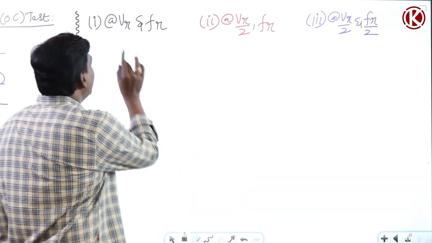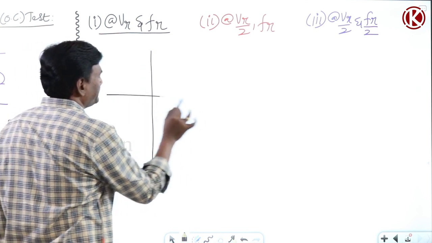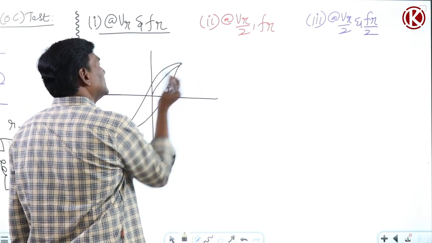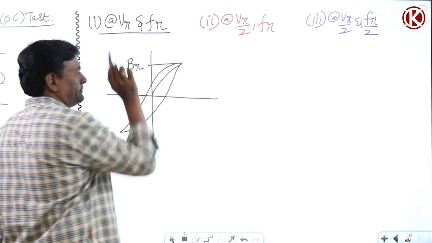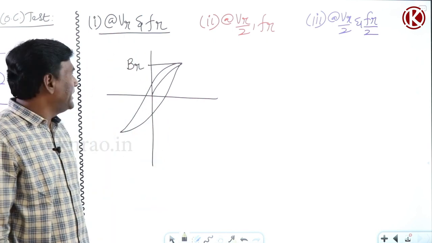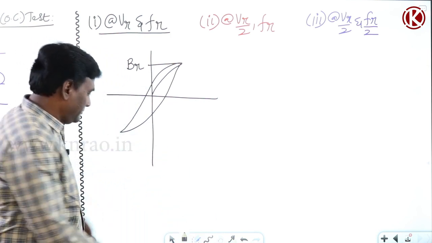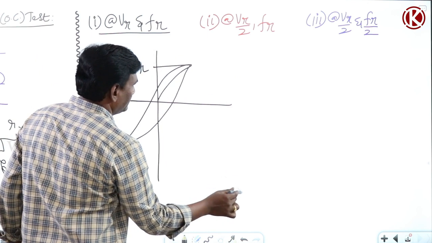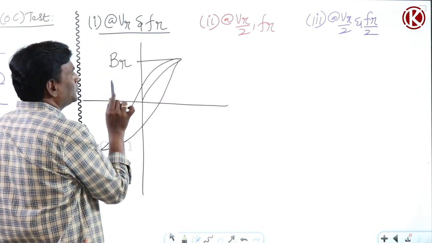In the first case, if I maintain rated voltage, rated frequency, let me draw the BH loop.